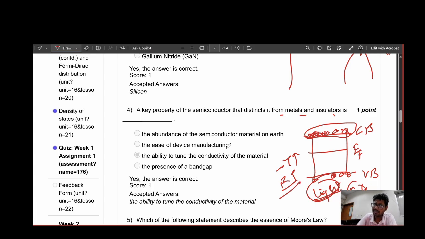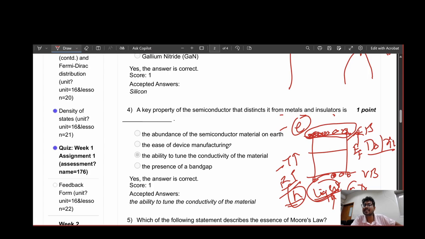Also, the most common thing done with a semiconductor is changing the concentration with doping. If you dope the semiconductor, you can change the concentration of electrons or holes. Whenever we talk about electrons and holes, electrons are in the conduction band and holes are in the valence band.